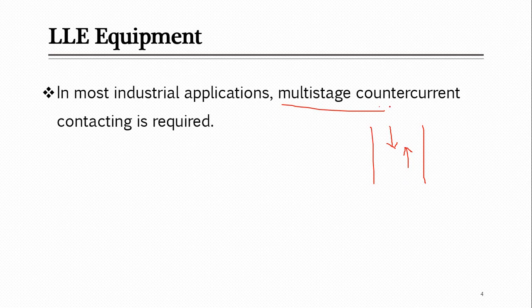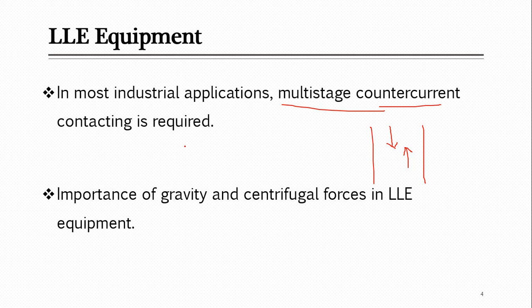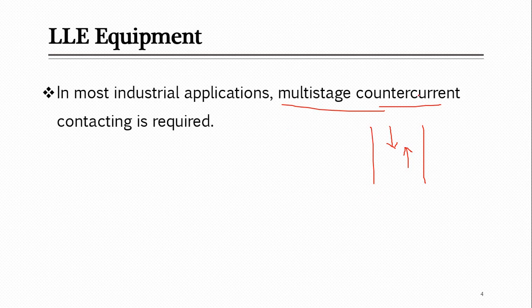This is counter current operation. This will be a major part of all the equipment in liquid extraction. A similar type of contact you have already seen in absorption as well as in distillation.